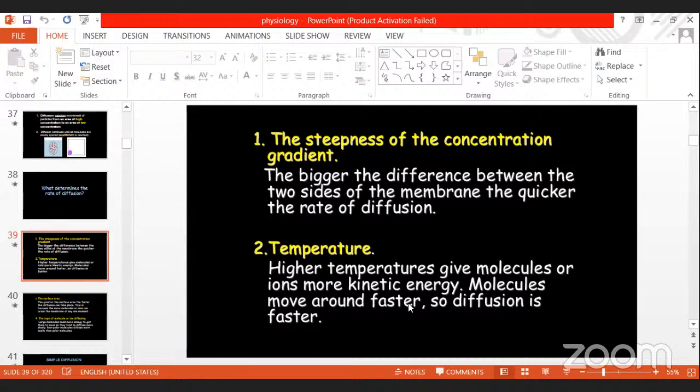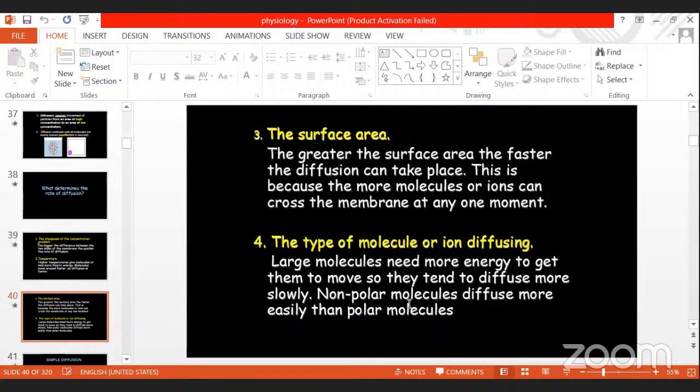Again, diffusion is directly proportional to the concentration gradient. And surface area: if there is a large surface area, the substances will move faster. So diffusion is directly proportional to surface area A.